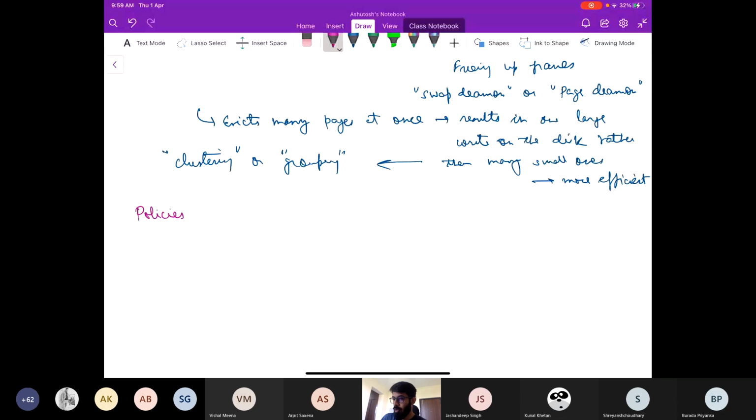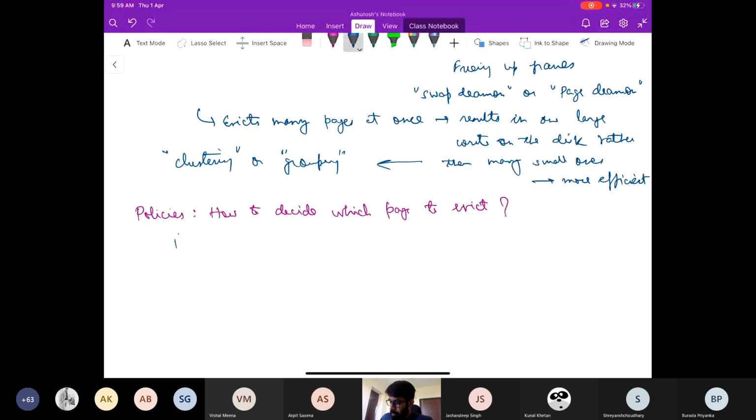The policies are about how to decide which page to evict. That is going to be a very central question for the rest of the lecture. Before we get into the different policies, let's see why this is so important.